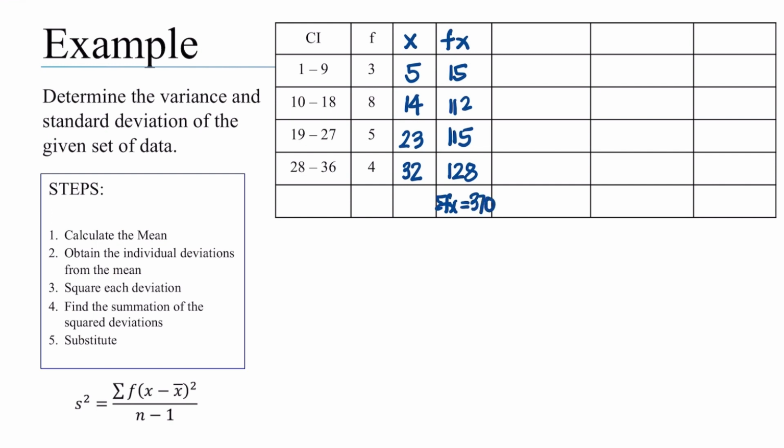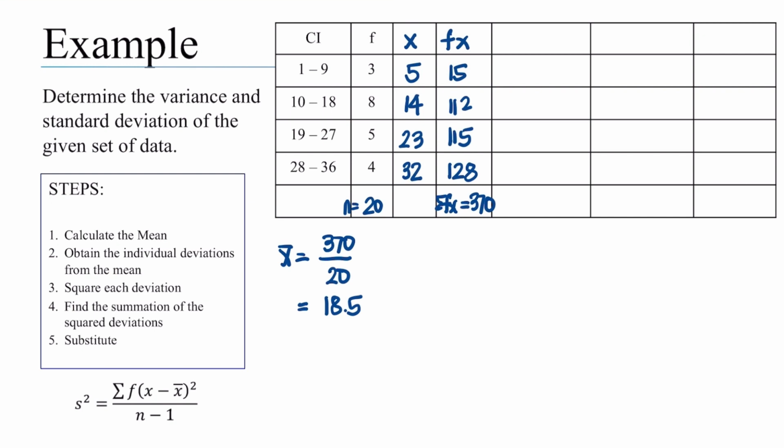And take note that your n is 20. Now, let's get the mean. In that case, the mean would be 370 divided by 20, which is equal to 18.5.